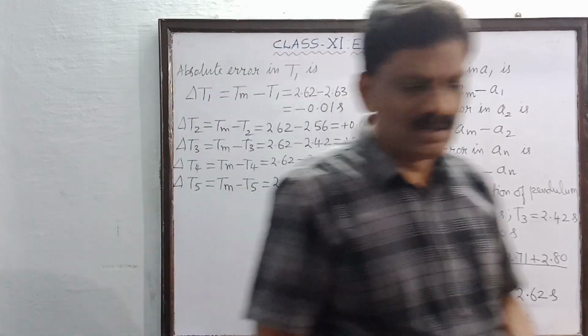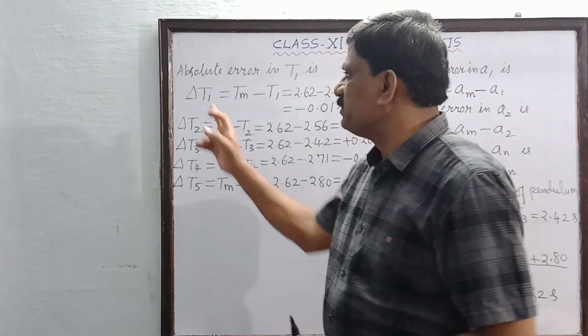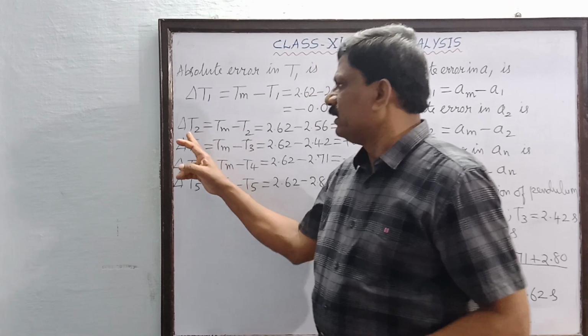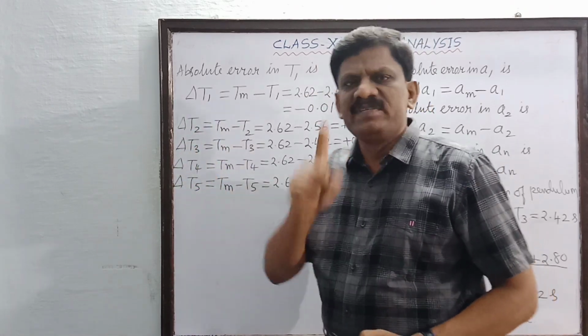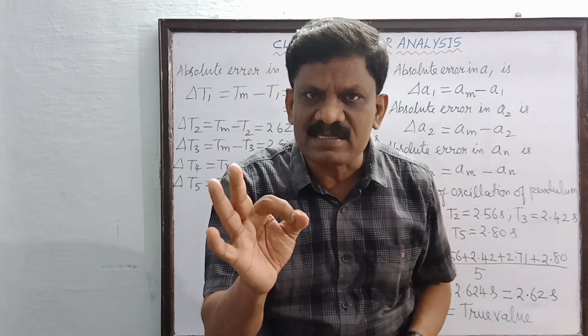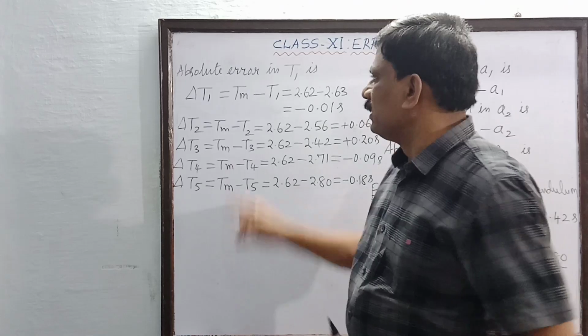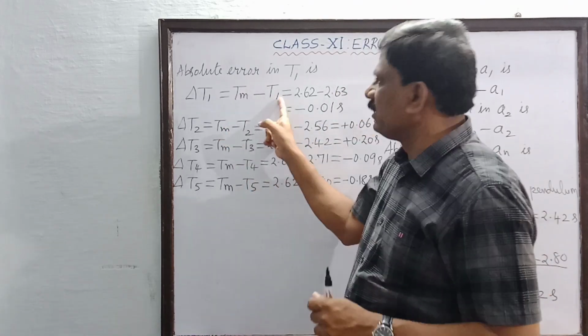Okay. Now what are we going to do? We have first found the absolute error in T1, T2, T3, T4 and T5. Absolute error in any physical quantity is defined as the difference between the true value or the mean value and the observed value.